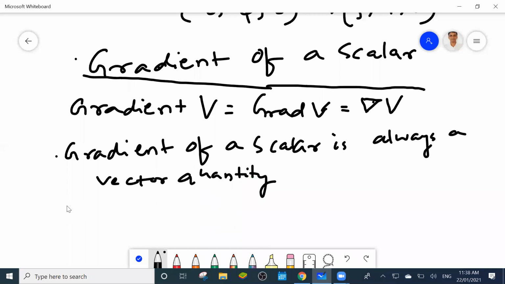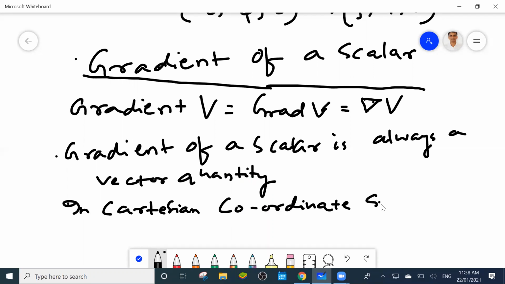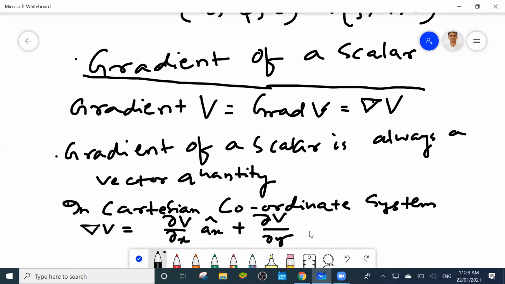See here, in the Cartesian coordinate system, del of V is del V by del x a_x cap, plus del V by del y a_y cap, plus del V by del z a_z cap.